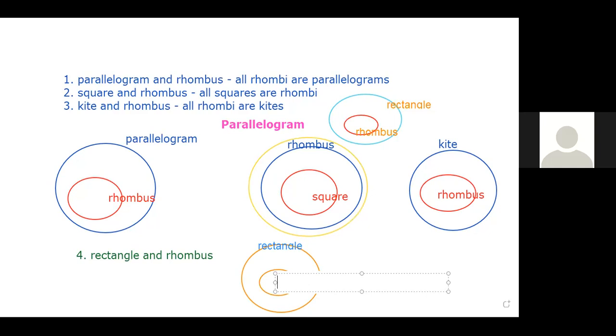But as far as rectangle and rhombus are concerned, are all rhombi rectangles?